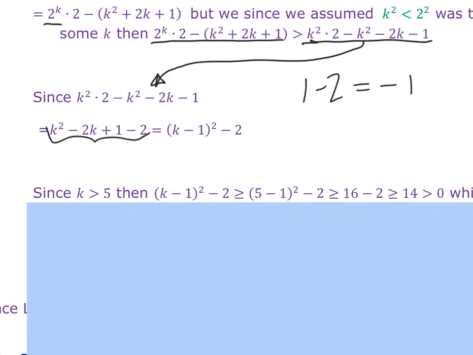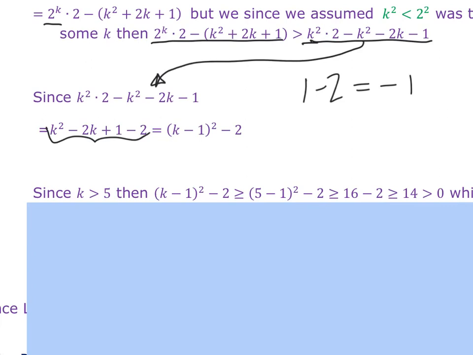Since k has to be greater than 5, that was what we had to prove in the very beginning. We're proving this thing for k greater than 5. Then if I put 5 in there, because that's the very first number I can put in there, into k minus 1 squared minus 2, then I know that k minus 1 squared minus 2 has to be greater than or equal to my very first term I can put in there, which is 5.